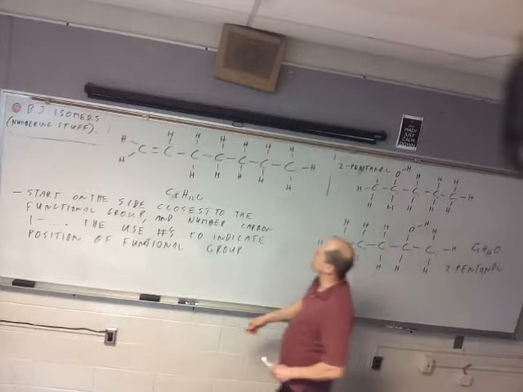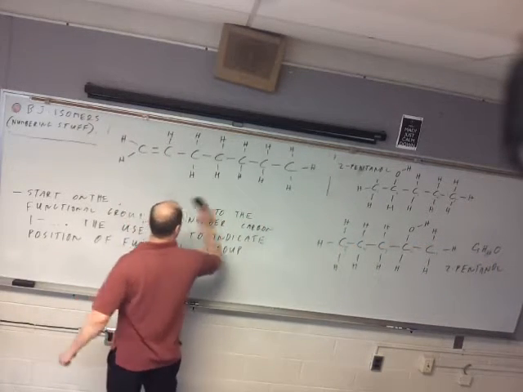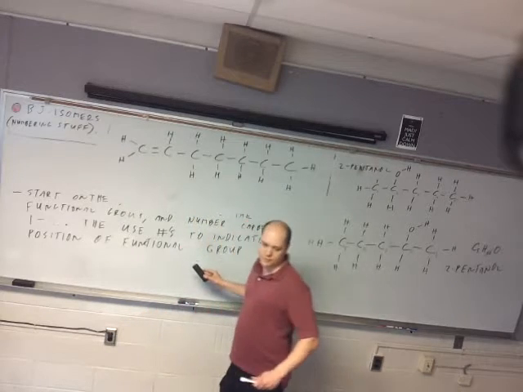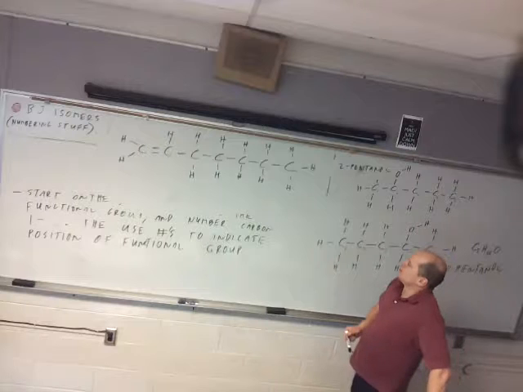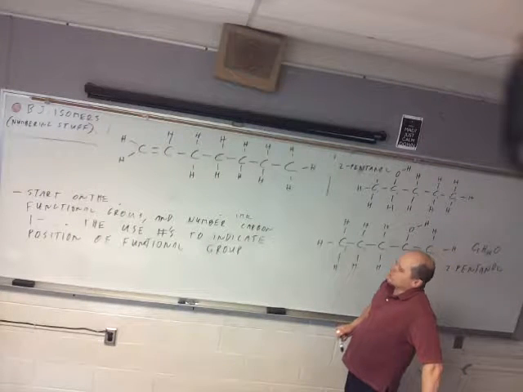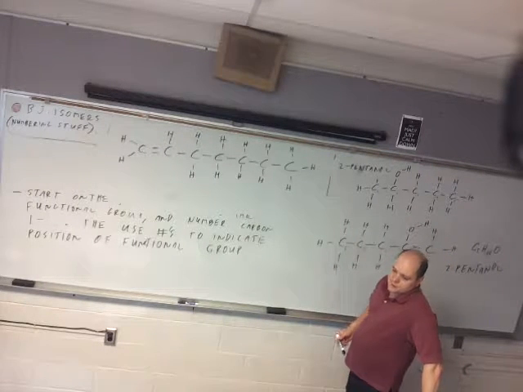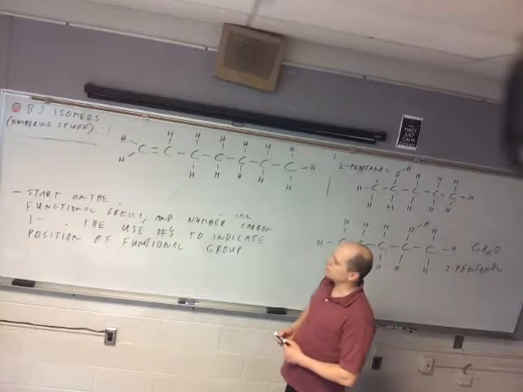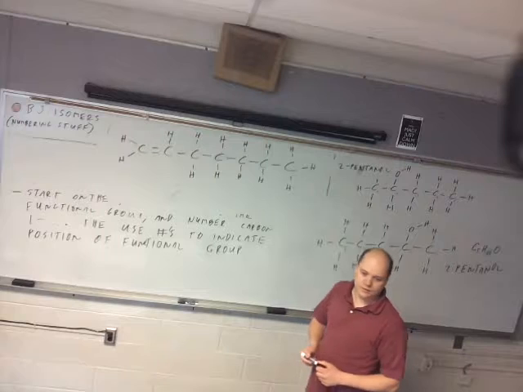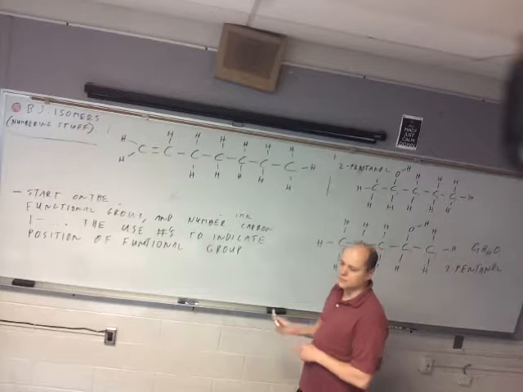All right, so what are we going to name this one? You guys write this already? Okay. So what are we going to name this thing? All right, it's got 7. So what prefix does it start with? Hept. And then it's got a double bond, so what's the ending? ENE, right?